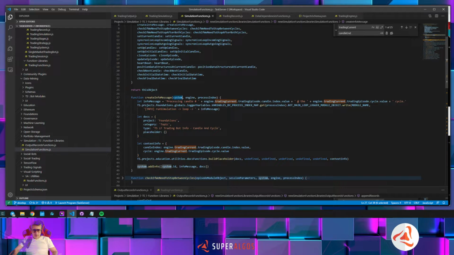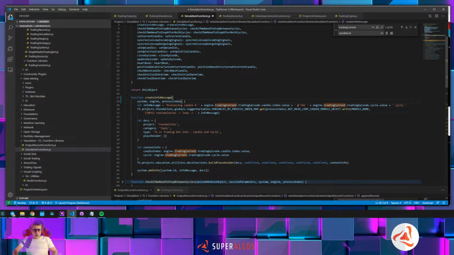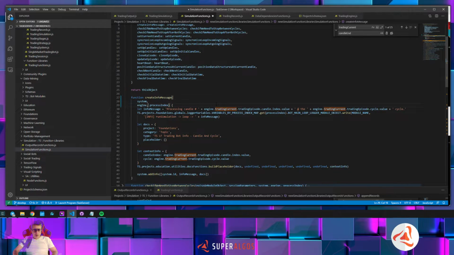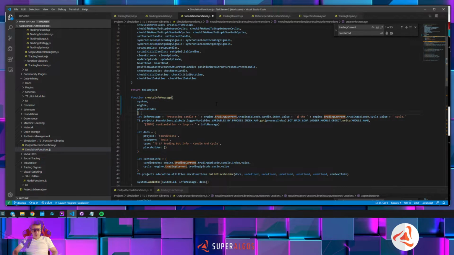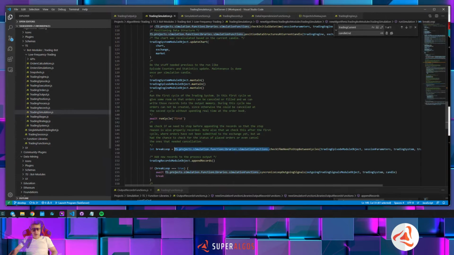So we're going to put this here. Trading simulation.